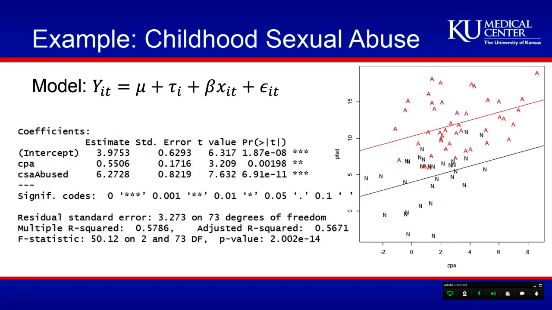What would interaction between childhood physical abuse and childhood sexual abuse, my two predictors in this model, look like for my regression lines here? How would it change the lines? They could potentially touch, right? The slopes would be different. They might cross completely.